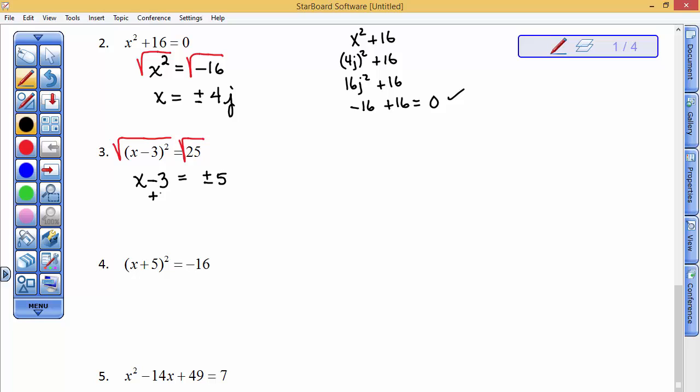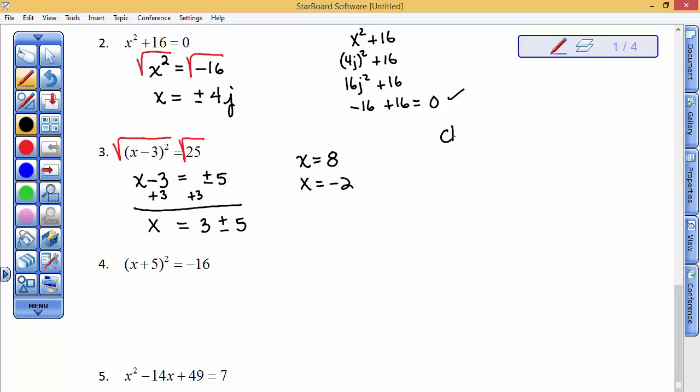And finally, to solve for x, I'm going to add 3 to both sides of this equation. So I have x by itself, and it's going to be a 3 plus a 5, which is an 8, and a 3 minus a 5, which is going to be a negative 2. So x will equal 8, and x will equal a negative 2, because remember, there's two answers.